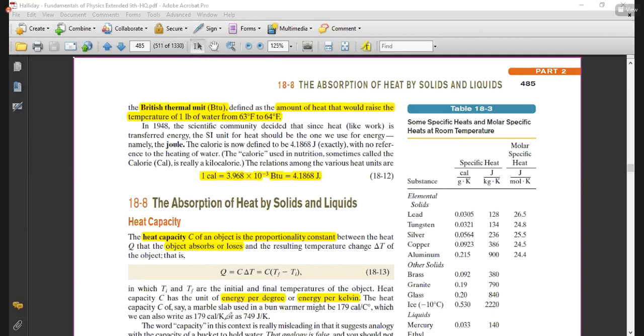You can take the example of the oil and that of the milk. So females are more used to this one. Which one takes more energy to get warmer or to get hotter, milk or oil?